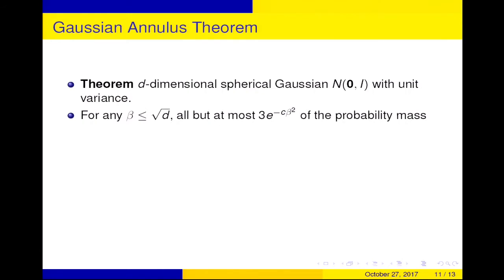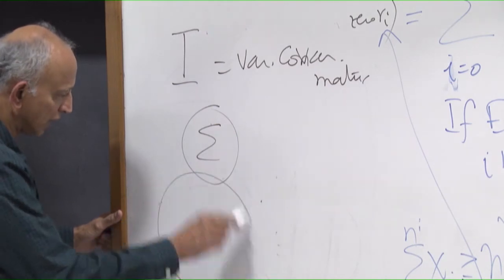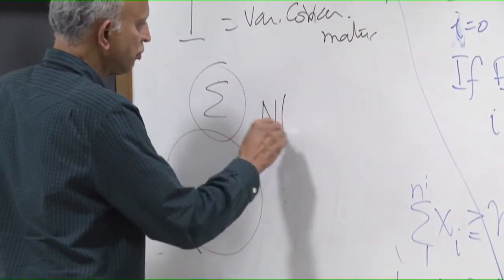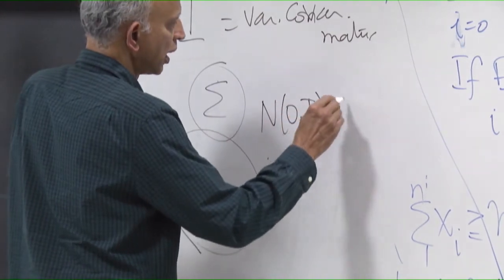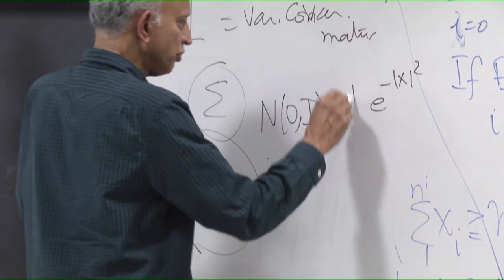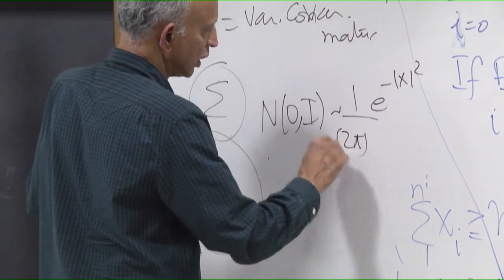So it could be more general. It need not be identity. But in this case, identity, which means the level curves of the density look like this, right? The density corresponding to normal 0, I is e to the minus x squared over 2, with a normalizing constant, 2 pi to the d over 2.